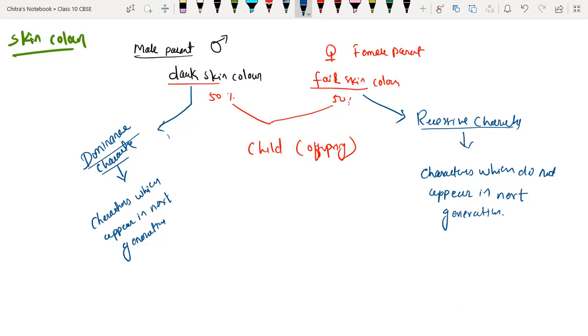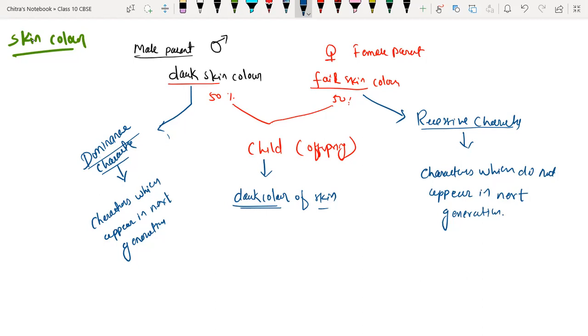So if dark color is dominant, that means the child will have skin with dark color. Understood, everyone? Yes, sir, but how are we going to know which one is dominant and which one is recessive? These are physical contrasting characters.